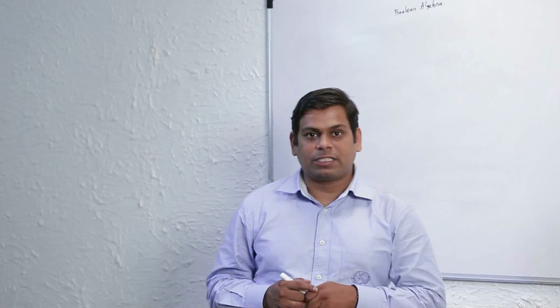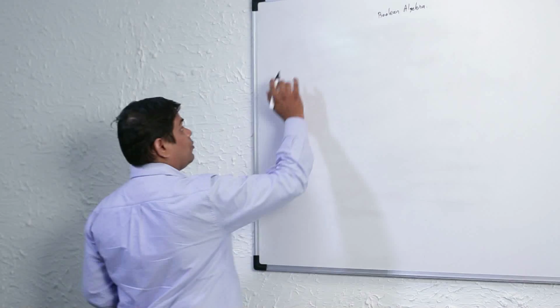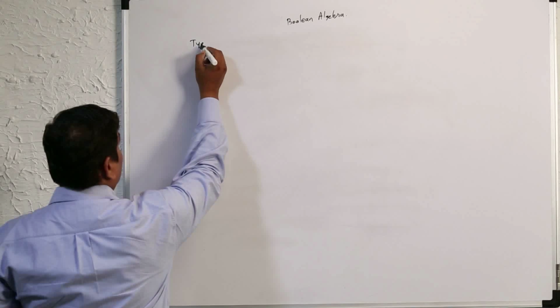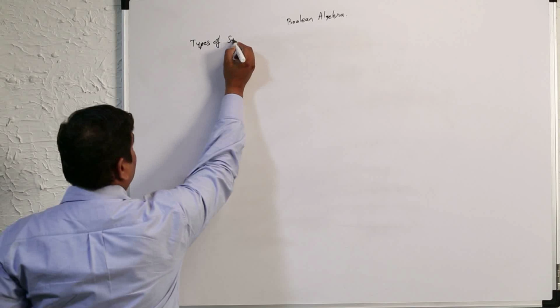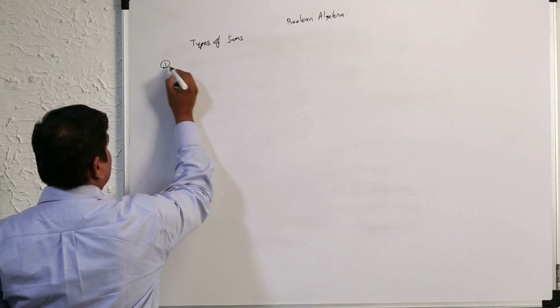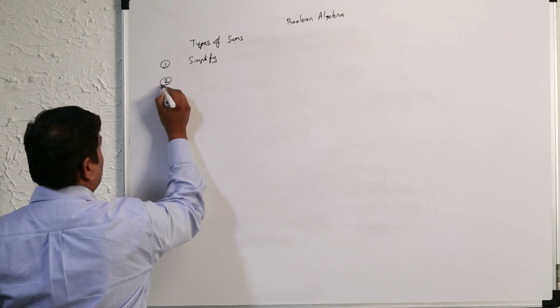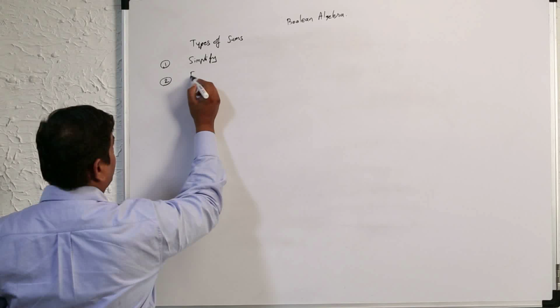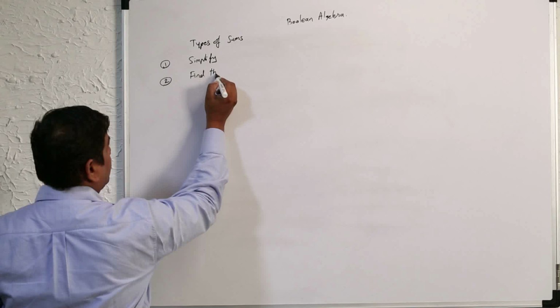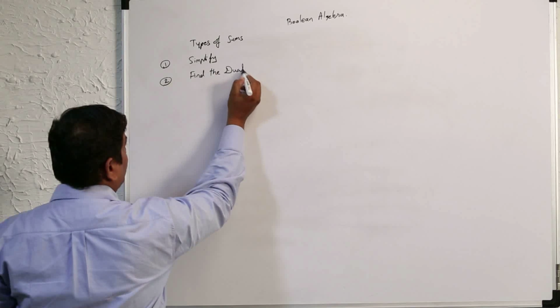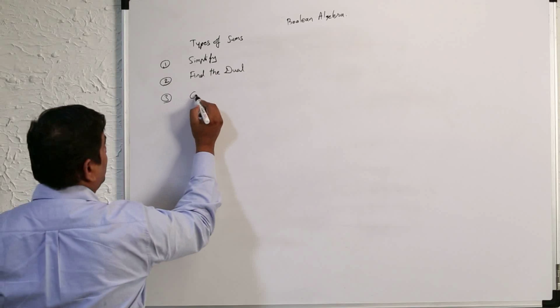Now let us see the first type of sums. The types of sums are: the first is simplify. Second, find the dual. Third, complement.